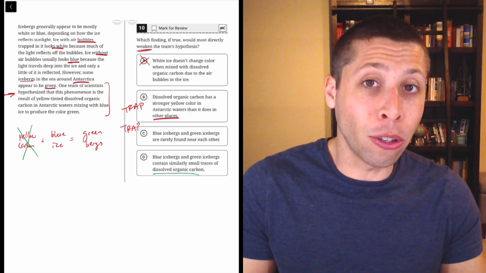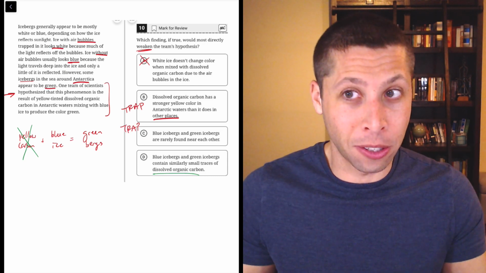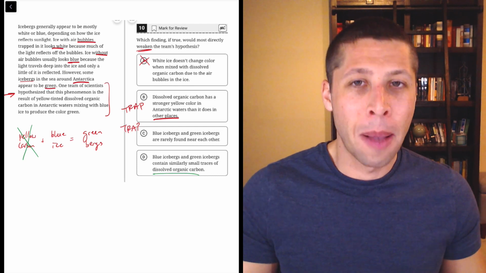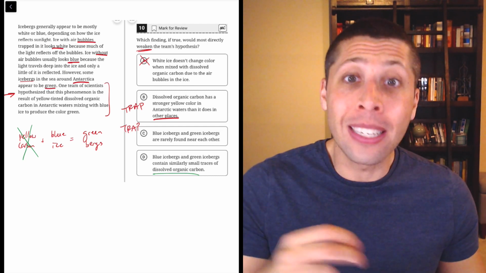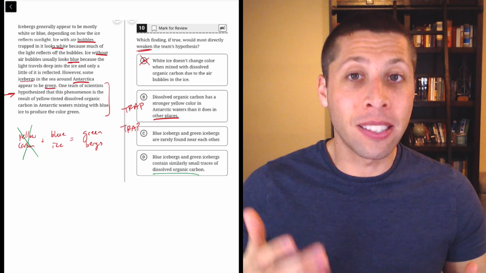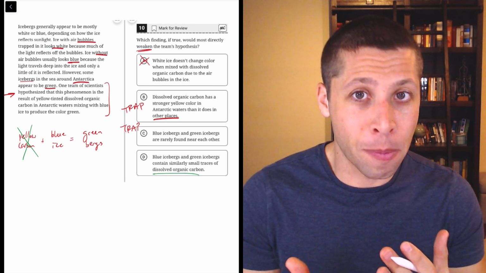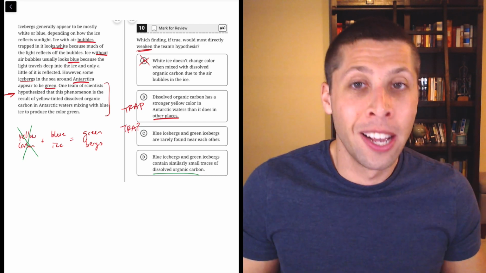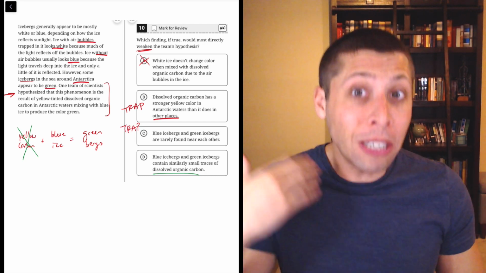Or at least something else should explain why they're different colors. Basically, this choice is weakening the hypothesis by saying that the carbon does not matter. The carbon is not affecting the color, because if blue and green have the same amount of carbon, then that's not what's making them blue and green. It's something else. So I still think that requires a little bit of thought.